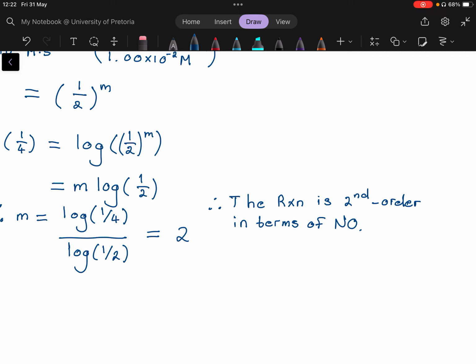Because it's NO to the power 2. So this means if we double the concentration of NO, it should quadruple the rate. If we triple the concentration of NO, it should sextuple the rate. Yeah, I think that's the word. So you understand, that's what it means to be second order in terms of a reactant. It's not second order overall reaction.